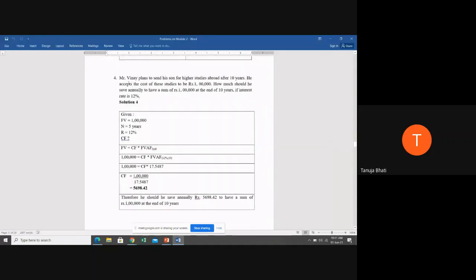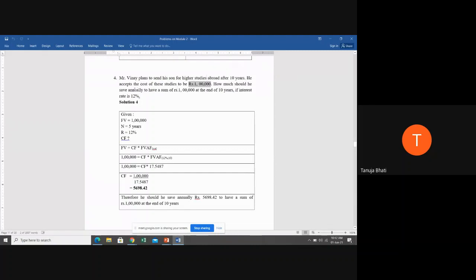Mr. Vinay plans to send his son for higher studies abroad after 10 years. He estimates the cost of these studies to be rupees 1 lakh. So, Mr. Vinay is planning to send his son for higher studies after 10 years and is estimating that the cost of studies would be 1 lakh rupees.